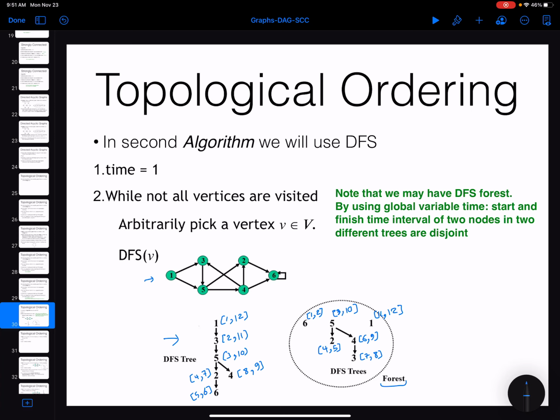You can see that in both of these two cases, node 1 has the latest finish time. It doesn't matter if you run it starting from 1 or not, 1 is going to be the last node that you finish. The latest finish time is going to be the node that has in degree 0.